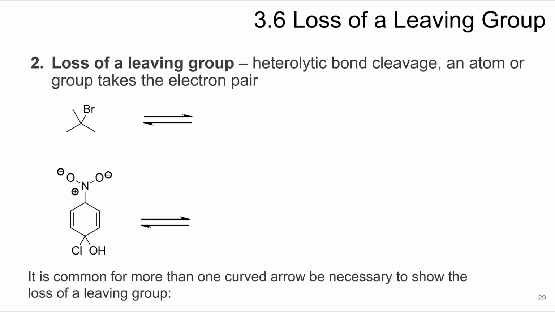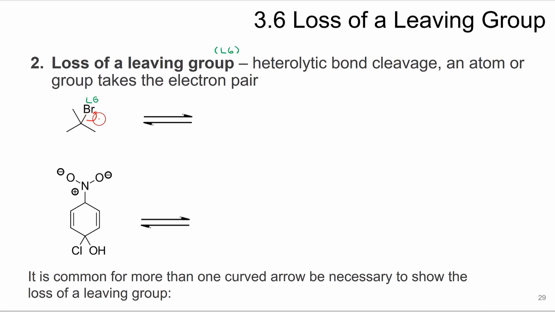In the loss of a leaving group, we have a heterolytic bond cleavage, where an atom or group of atoms takes the electron pair. In order to have a loss of a leaving group, you have to have a group that leaves, which in this case will be the Br. So I'm going to label that as leaving group, or Lg. The electrons will just break, and we'll discuss later on what makes a good leaving group and why the group leaves.